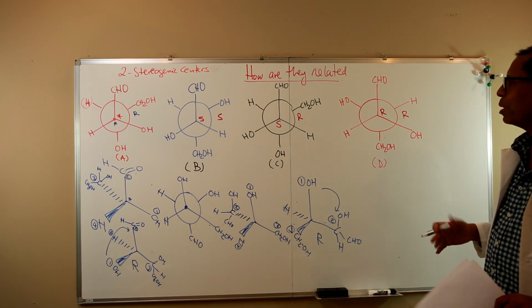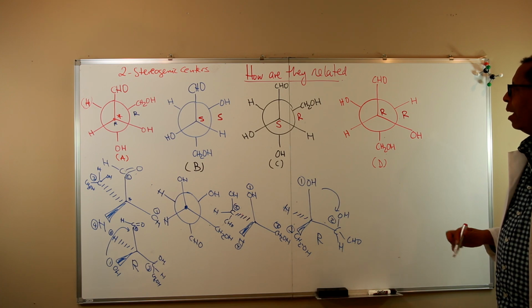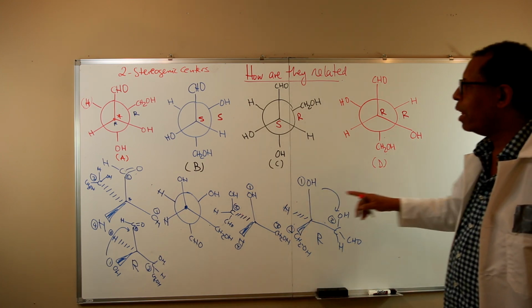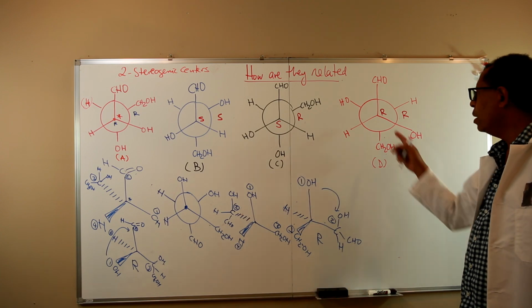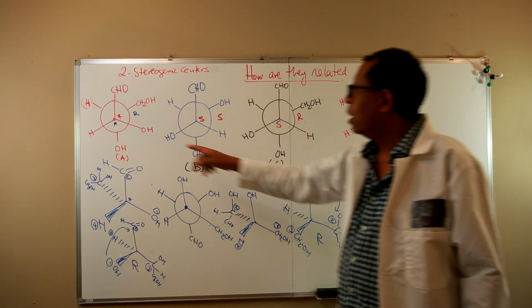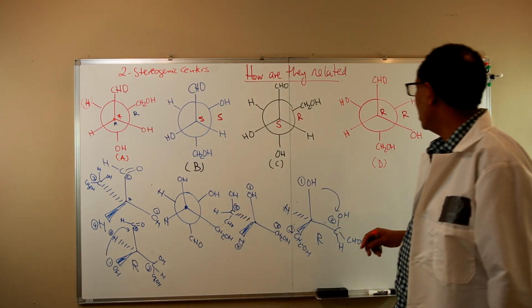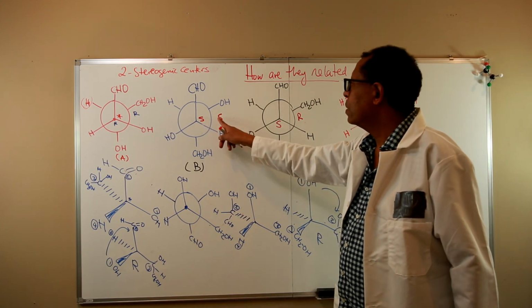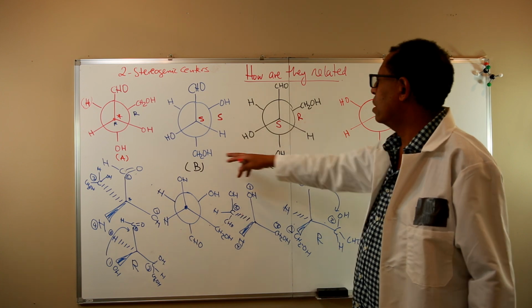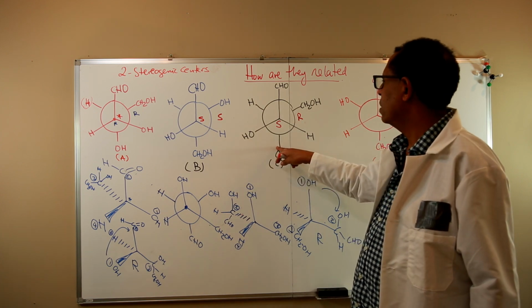So now the relationship is that compound A and compound D are actually the same. RR configuration for A. And SS and SR, these are diastereomeric.